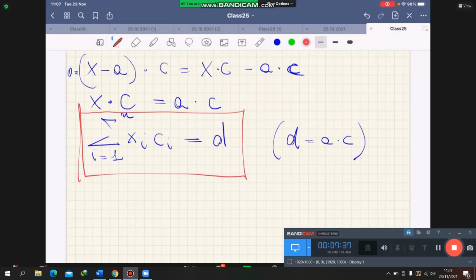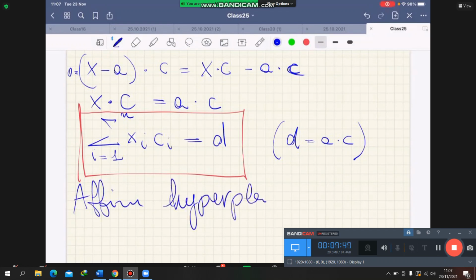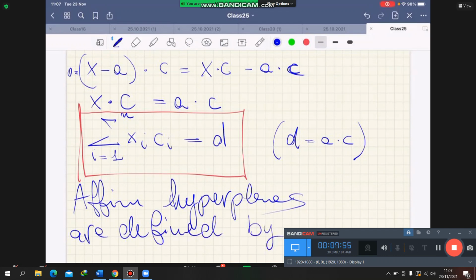So affine hyperplanes are defined by linear equations.